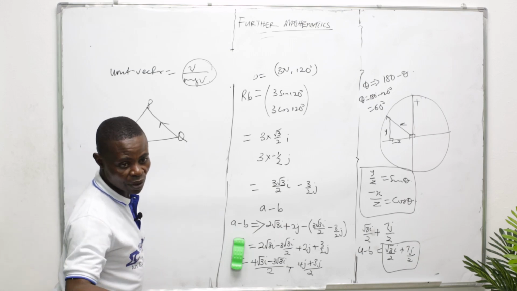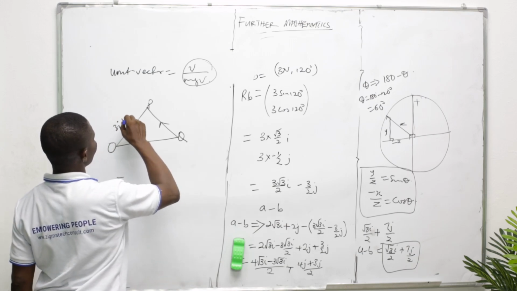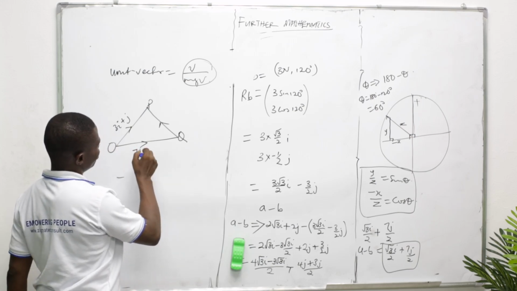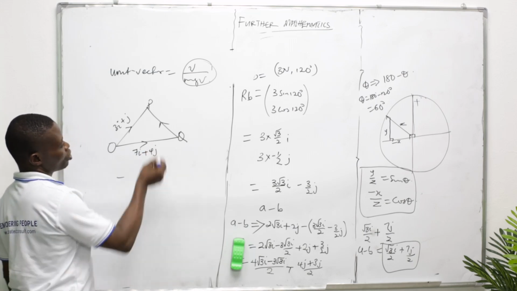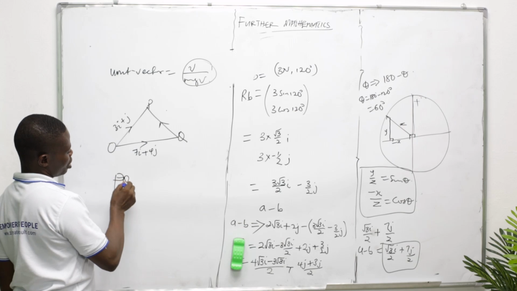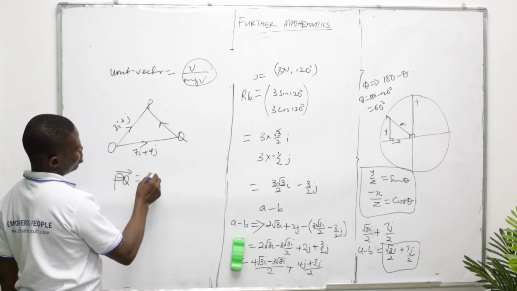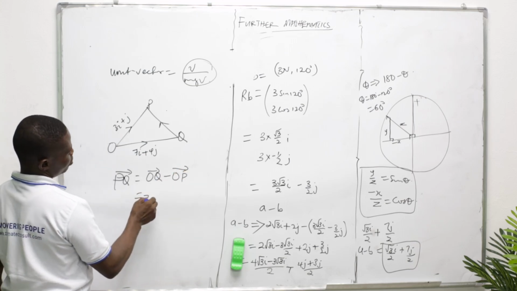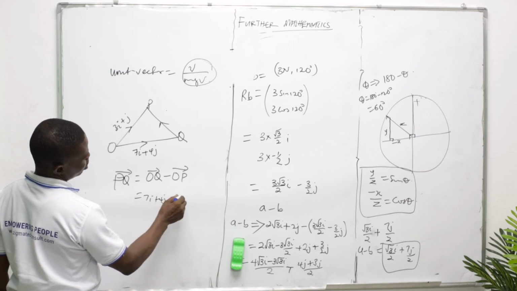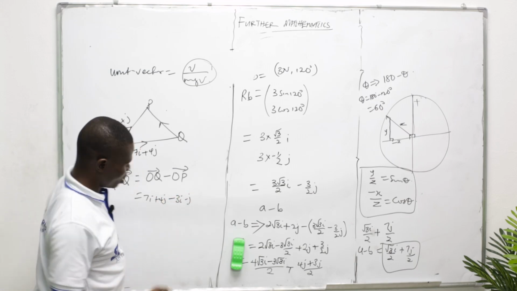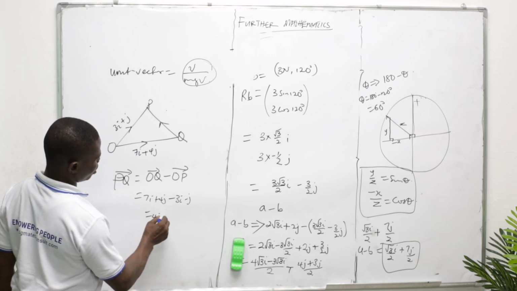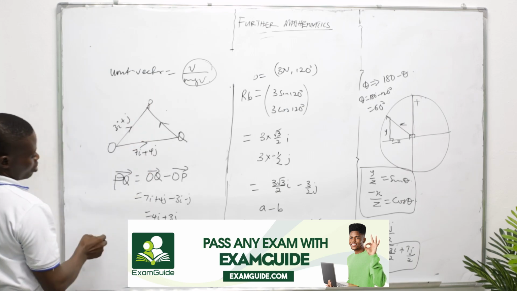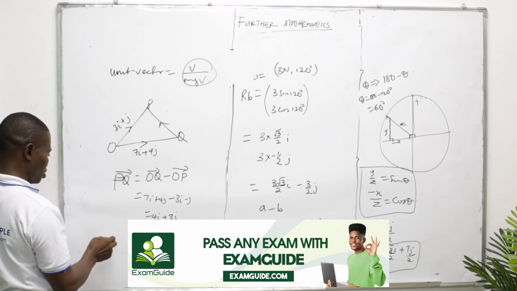Now, where is your P? That's 3I plus J. Where is your Q? 7I plus 4J. So you are looking for PQ. So PQ now equals OQ minus OP. That is 7I plus 4J minus 3I minus J, which will give us 4I plus 3J. Now, the unit vector is the vector itself all over magnitude. What's the magnitude of this vector?